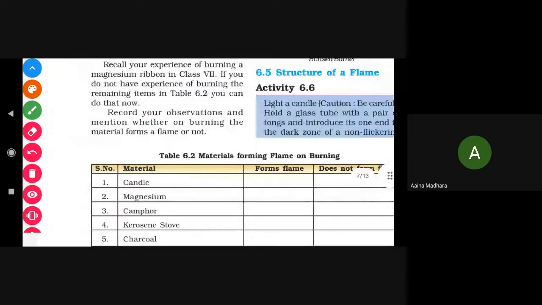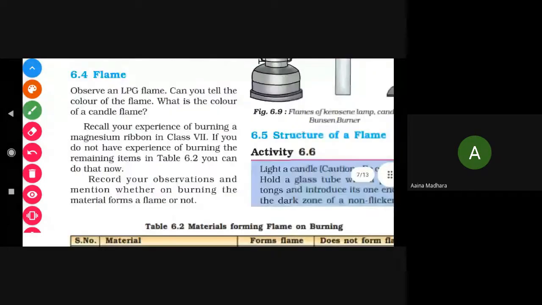Yes Ilma, come on, read flame, beta. Read flame 6.4. Yes, ma'am. I'll tell you. First read, I'll let you know. Flame. Observe an LPG flame. Can you tell the color of the flame? What is the color of candle flame?